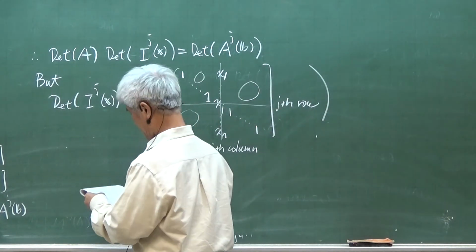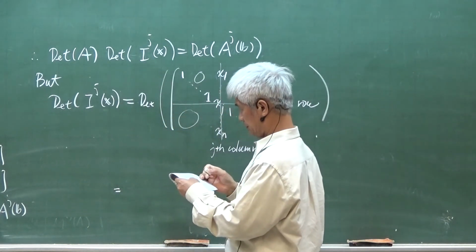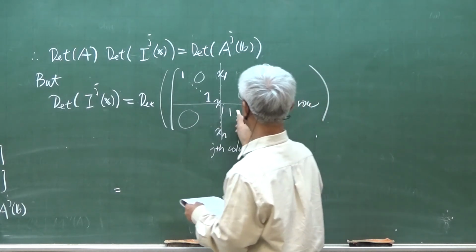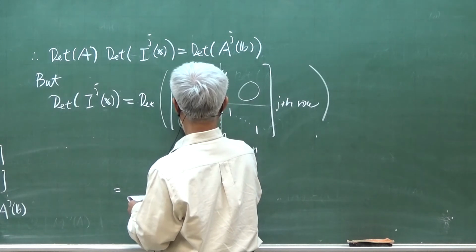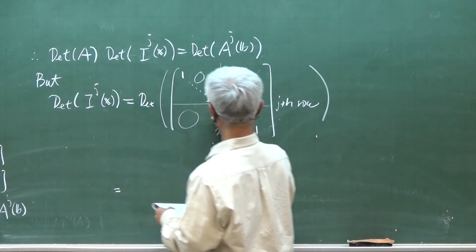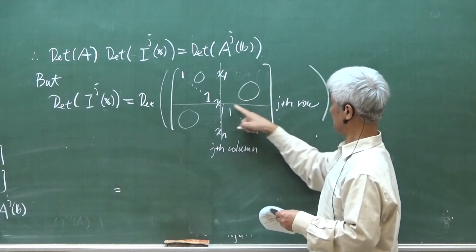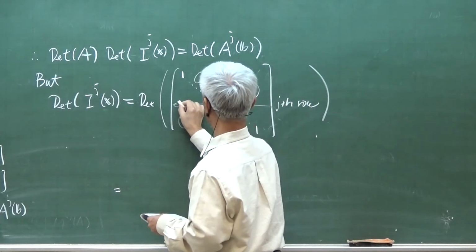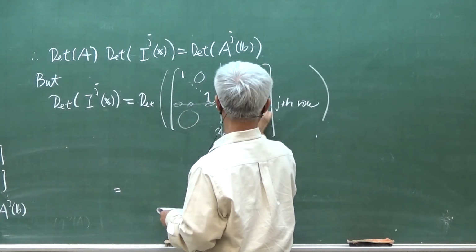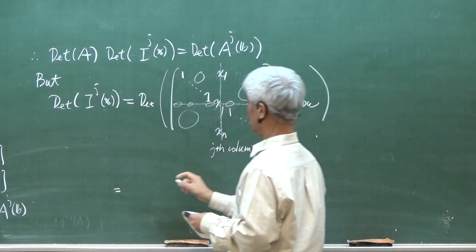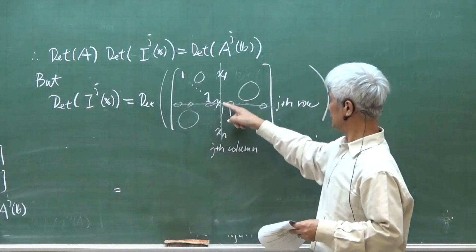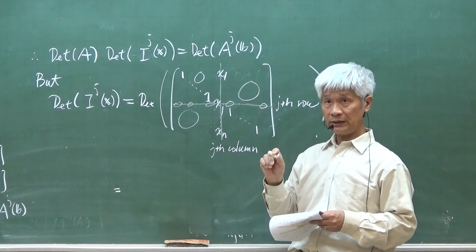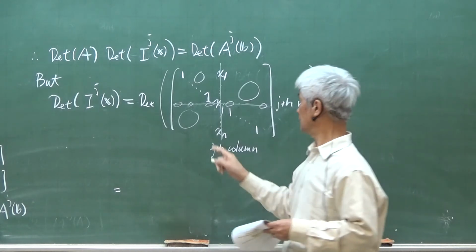Now you can see that the jth row is 0, 0, 0, x_j, 0, 0, 0, so they are all 0. You can think about that: the jth row is just x_j multiplied with the standard unit row vector e_j.